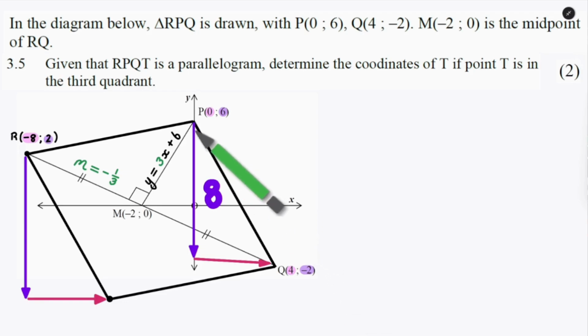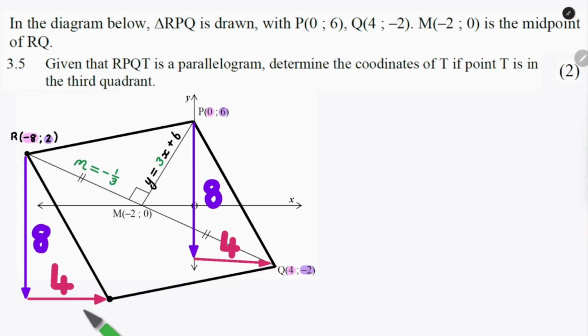I have to go down 6 to get to the x-axis, and then I have to go down another 2 to get down to -2. Or you can say top minus bottom. 6 minus -2 will give you 8. So that means I'm going to go down 8 this side. Now let's analyze how much we go across. To go from 0 to 4 must be 4 units. So on this other side, I'm also going to go across 4 units.